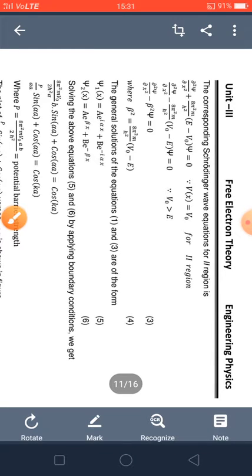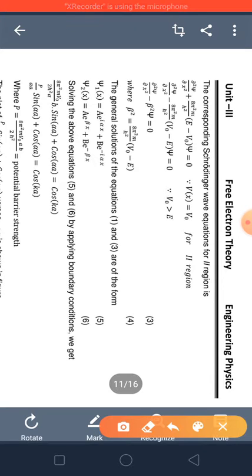As we discussed before in the particle in a box, we got the general results of equation 1 and 3, which are given as psi 1 is equal to a into e raised to power iota alpha x plus b into e raised to power minus iota alpha x, and psi 2 is equal to a into e raised to power beta x plus b into e raised to power minus beta x, given as equation number 5 and 6.